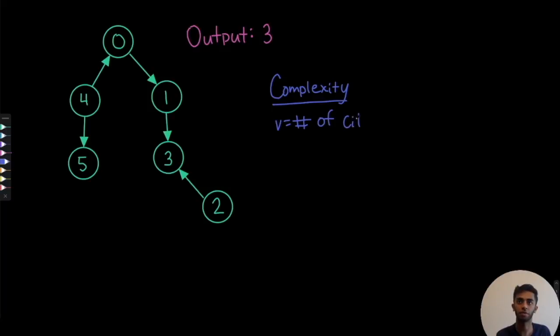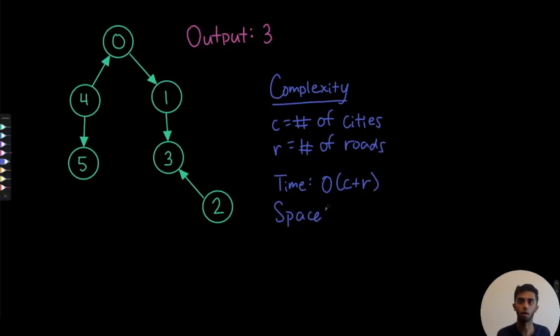I'll write the number of cities here to be appropriate with the context of the problem, and E is the number of roads. Actually, I'll name these C and R. C is the number of cities, R is the number of roads, but it's the same as vertices and edges. So our time complexity is O of C plus R, and our space complexity is O of R.